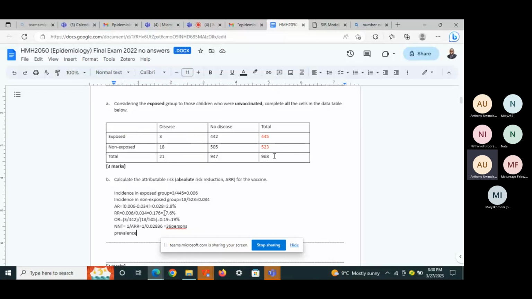How will you calculate the incidence of death from TB? That's the disease over the total. That's 21 over 968. So that would be what?